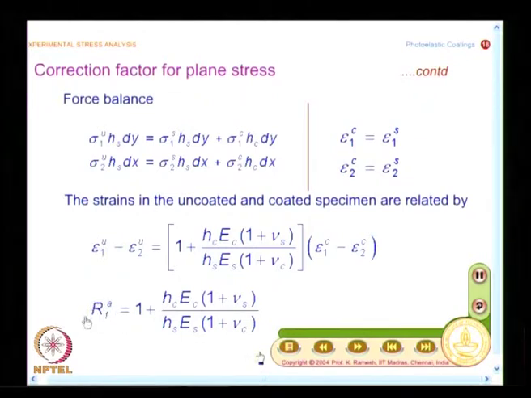In general it is Rf, but because it is axial loading, I have the symbol as A. So, Rfa denotes the correction factor that is needed when I have to interpret the results from a simple axial test. Simple axial test, how do I interpret? I have to bring in a correction factor, there is no way.